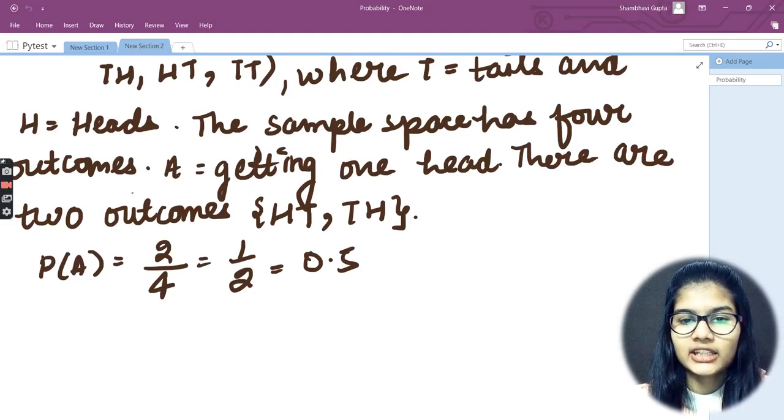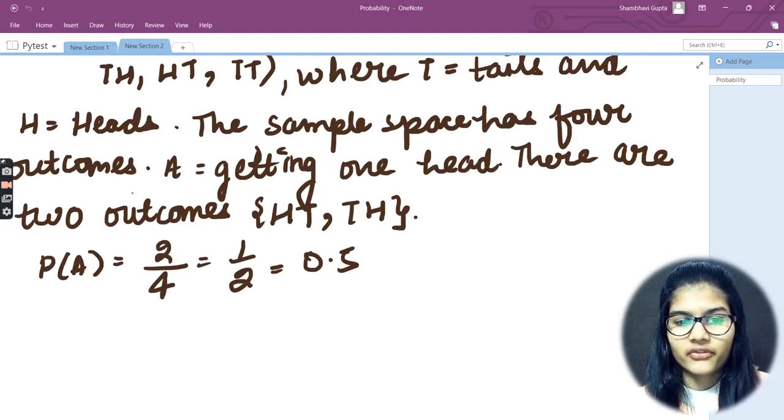And A will be getting one head. So in that case, there will now be 2 outcomes, that is head tail and tail head, because these are the only 2 outcomes in which one head is occurring, right? These 2 are the only events. So I just wrote both of those, and then the probability of A is 2 by 4, which is equal to, if I cancel that out, 1 by 2.